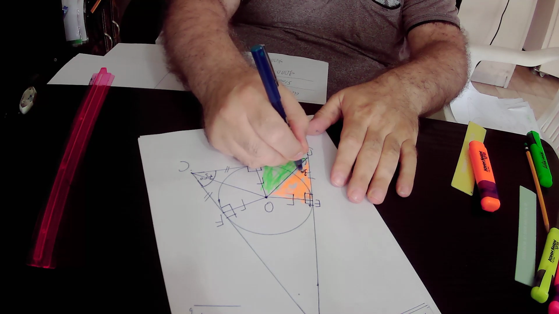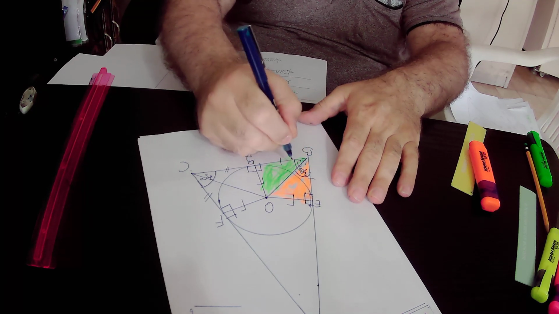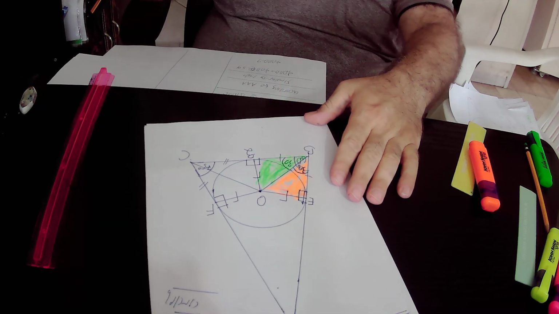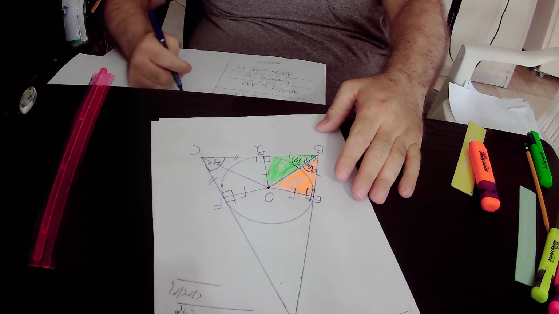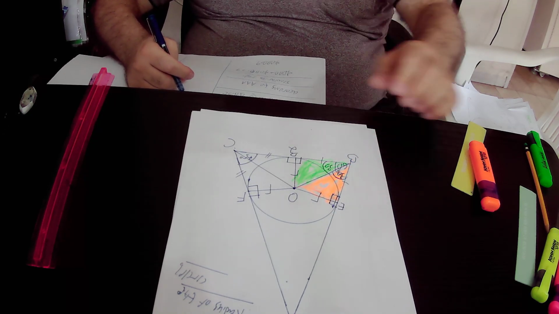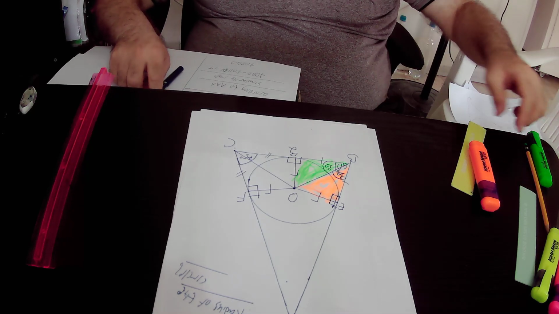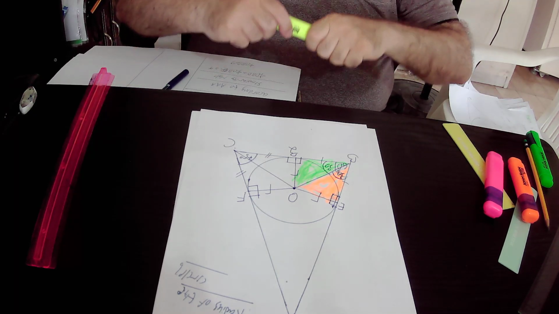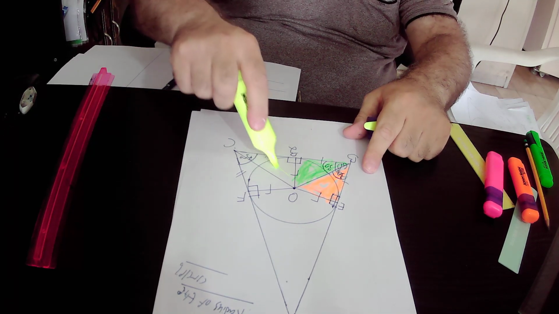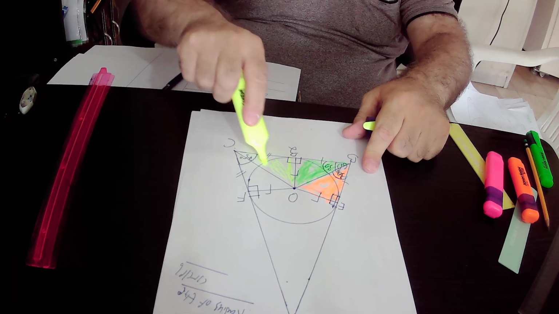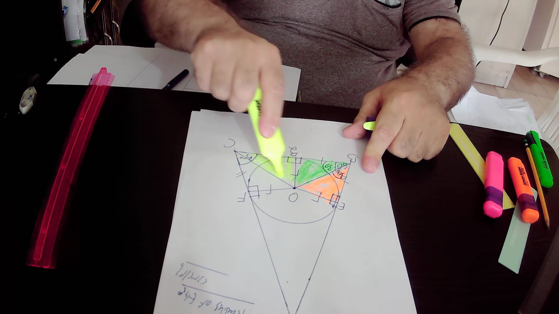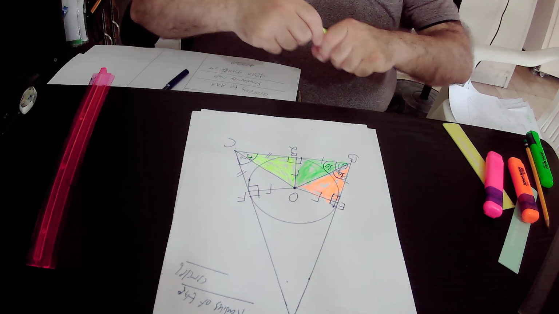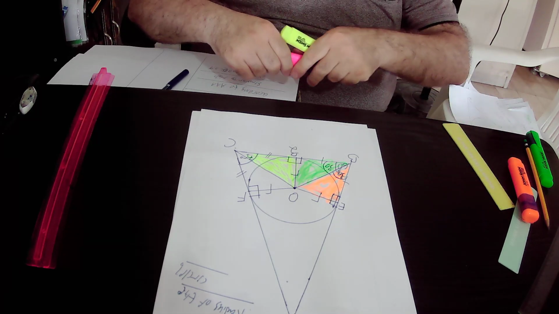This angle alpha equals 30 degrees, and this angle alpha also equals 30 degrees. So we will focus on the yellow triangle ODC and on the pink triangle COF.